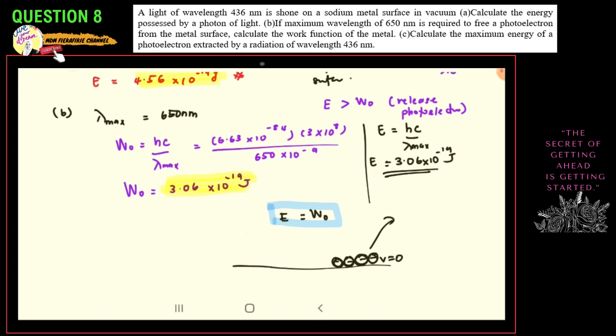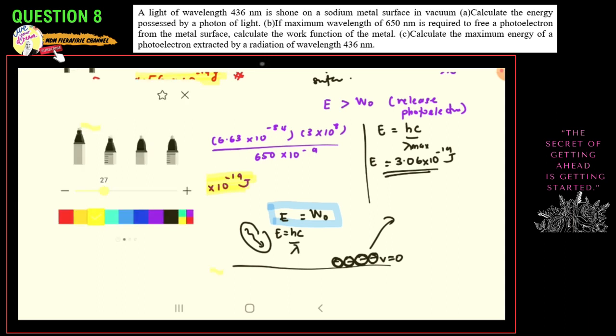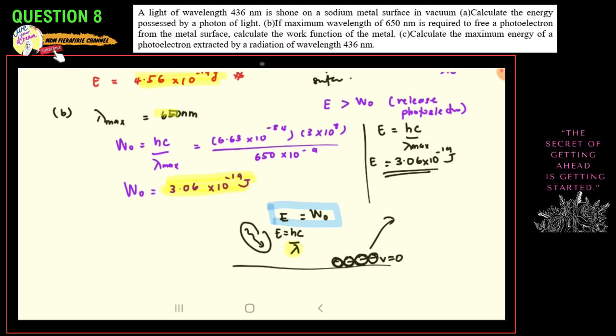So maknanya for the photon energy, E equal to hc over lambda, lambda paling maksimum sekali adalah tadi 650 nanometer. Kalau lambda tu dia jadi 670 nanometer contohnya, so takkan ada elektron kat sini. Langsung tak boleh freekan photoelectrons from the metal surface.